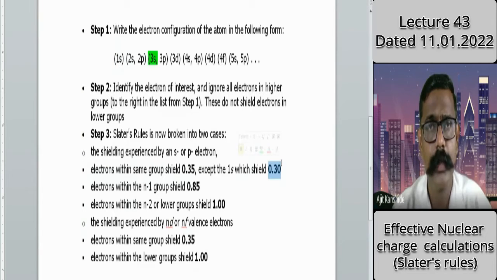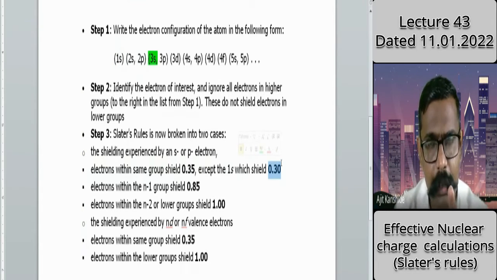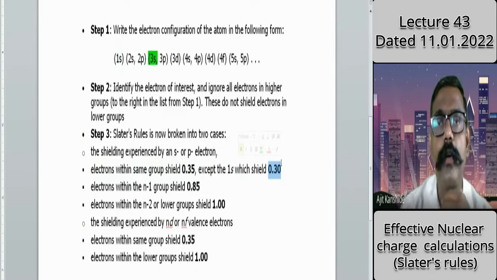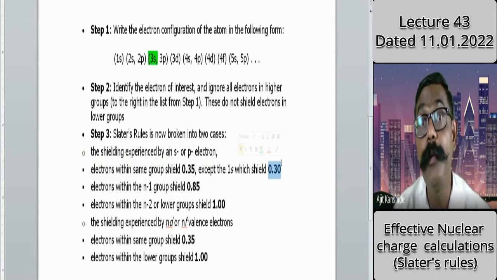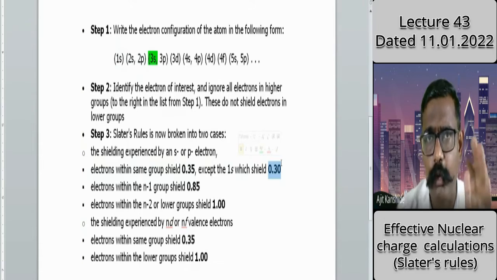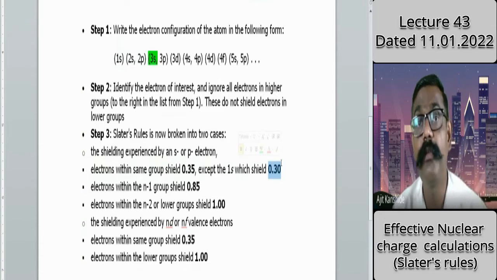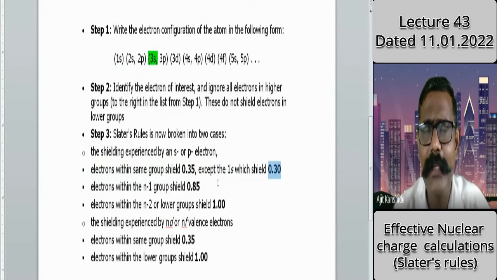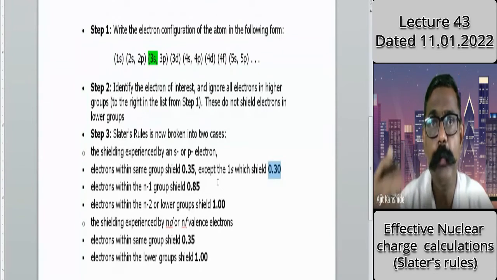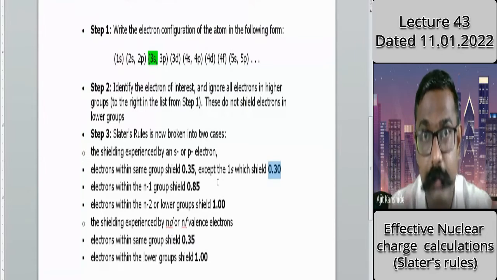It's the only exception. Neighboring electrons in the same group contribute 0.35. Just listen now. When we apply, the concept will be more clear. Application is one of the good methods of learning.